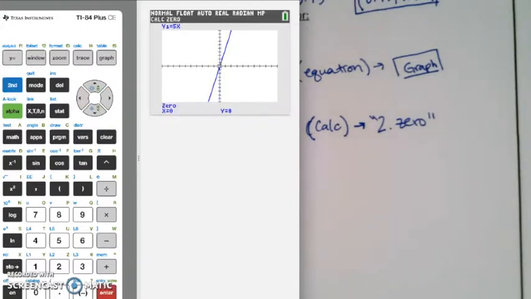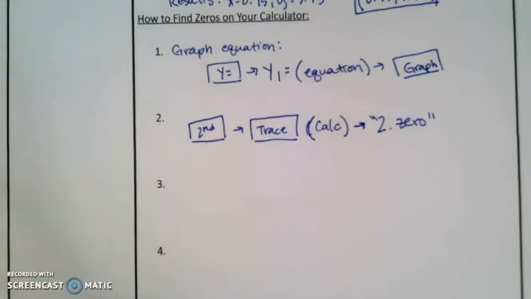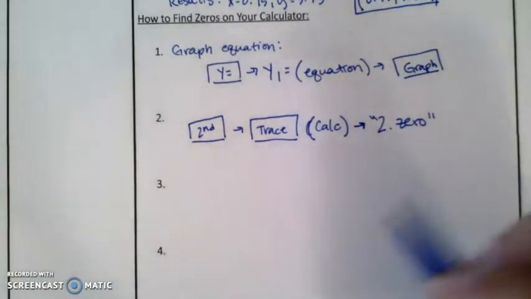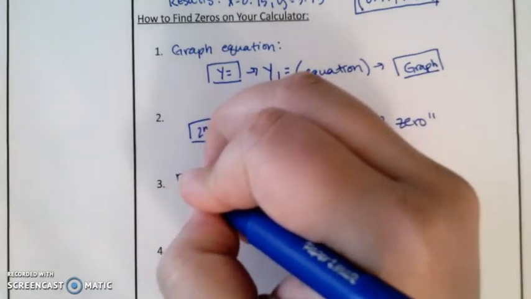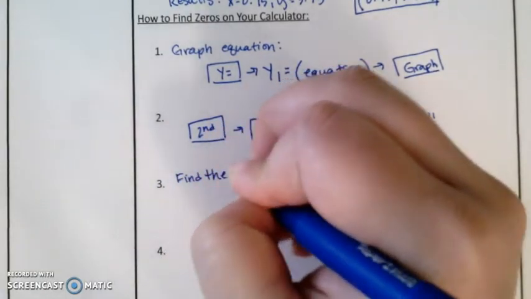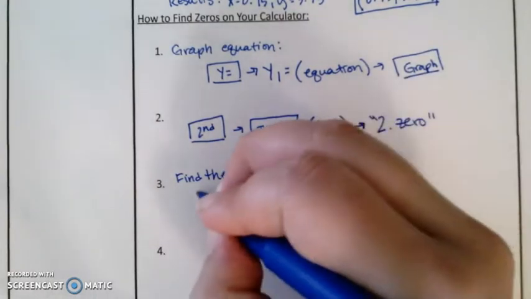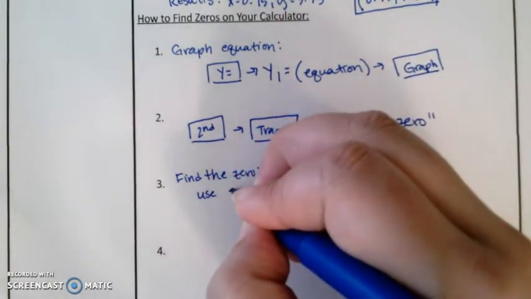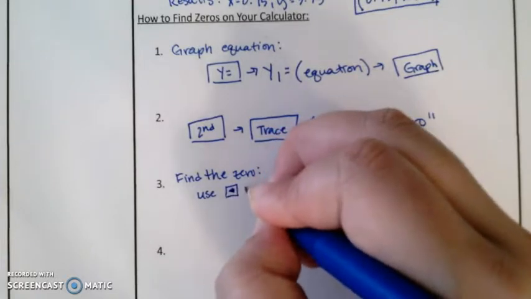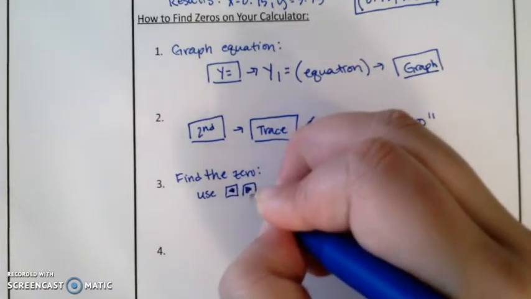So very similar process to finding a maximum and a minimum, which we've already written in the notes. So writing that on the notes packet, we want to now find the zero using the left and right arrow keys.